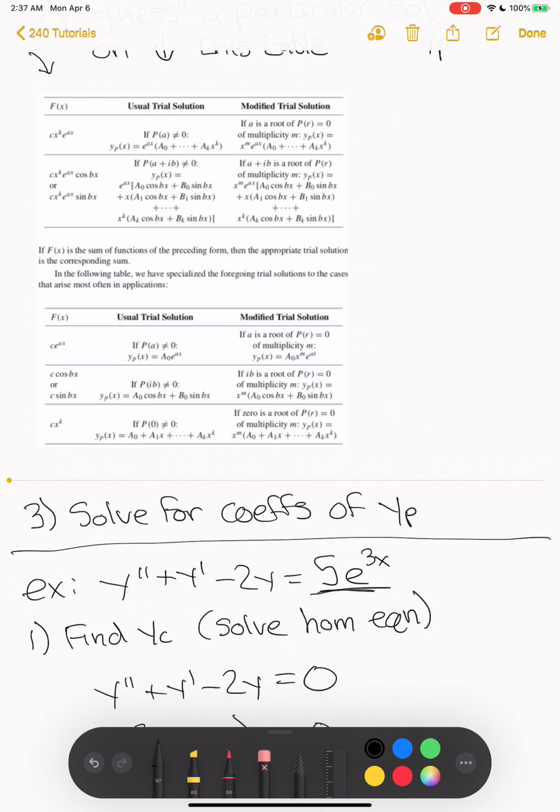So it looks like the middle row on this bottom table, the c sine of bx. It says that if my polynomial differential operator P of ib is not equal to 0, then I'm good to use the solution they offer below.